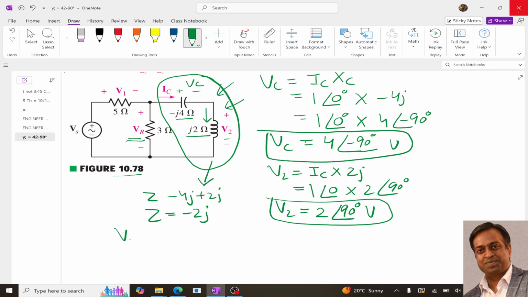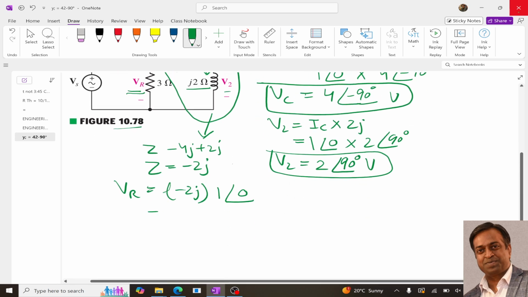VR is the impedance minus 2j into IC, 1 angle 0.